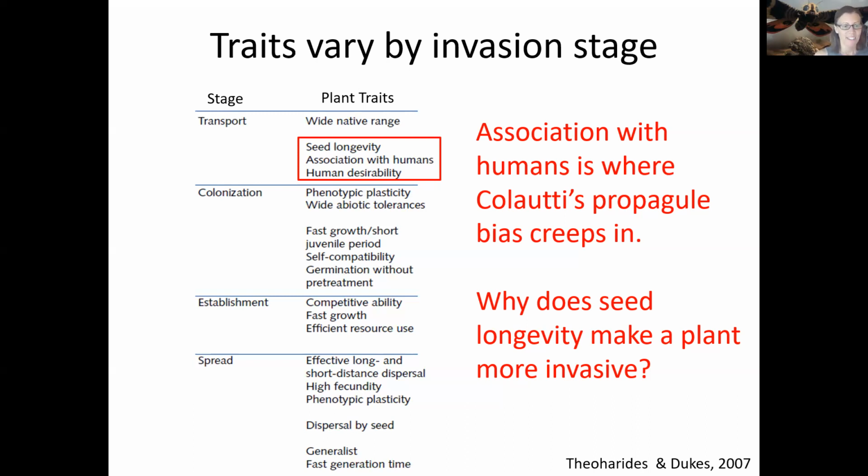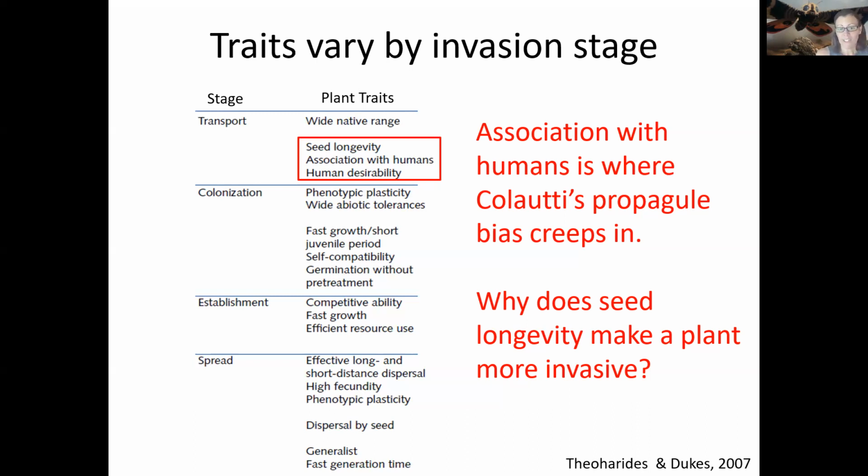So here's the question. Seed longevity. We talked about that a little bit in the last lecture, but seed longevity is just how long your seed lasts, how long it's good for. Can it tolerate being in cruddy conditions for several months before it gets introduced someplace? And then can it actually establish a population once it's been introduced after that long transport time?